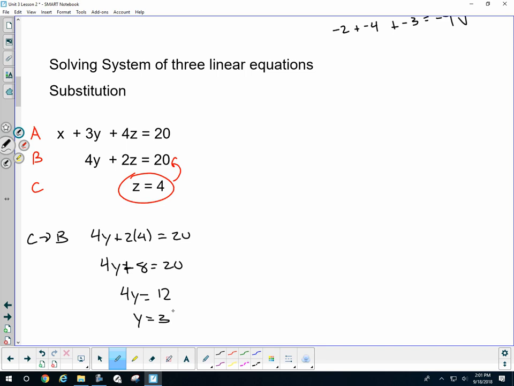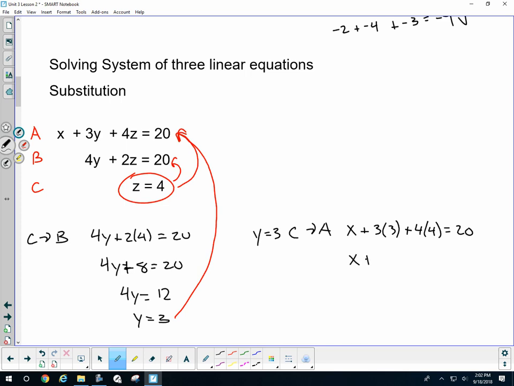Well, now that I know what y is, I can substitute z into our first one and y into our first one so that I can find x. So I'm going to say y equals 3 and c I'm going to plug into a, giving me x plus 3 times 3 plus 4 times 4 equals 20, and I can solve this.